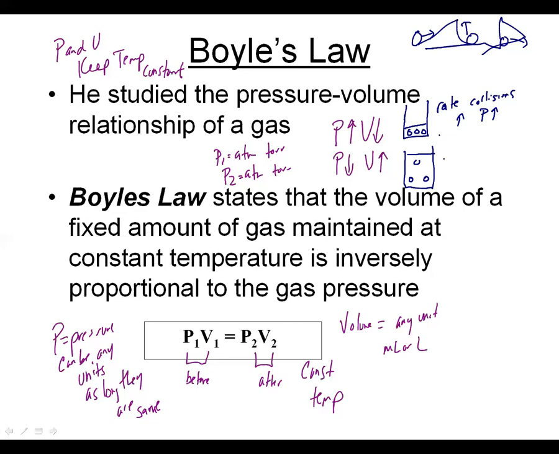And that means the rate of collisions will start to decrease. And as they decrease, that's going to result in a decrease in pressure as well. So the easier way to remember it is larger volume, more area, longer time for collisions, lower pressure. So again, this is what it means about that inverse relationship. One goes up, one goes down.